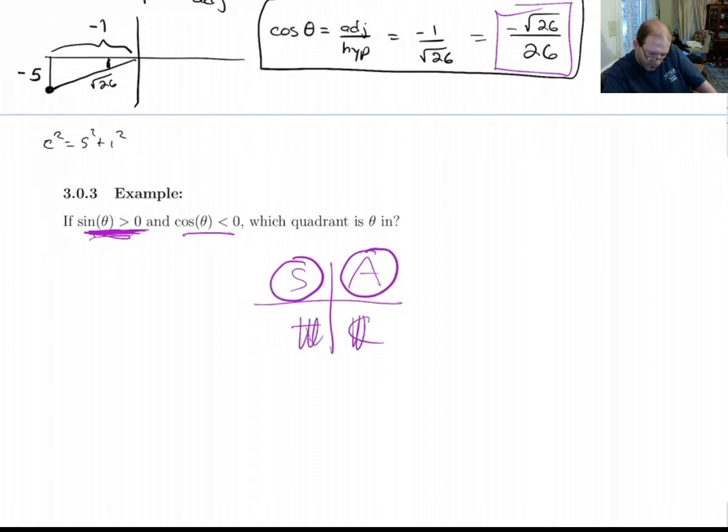Neither one of these will work. And if cosine is negative, this one won't work because cosine's positive here. This one will work because cosine's negative here. So we're in quadrant 2.